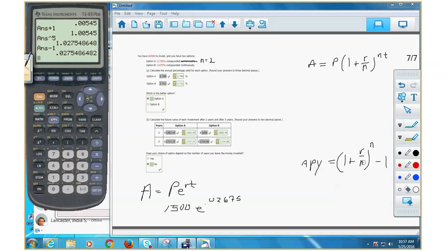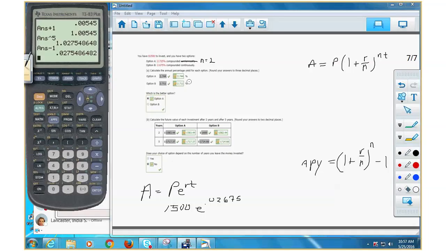I guess you're comparing them both at 2 years. Is that what it's asking? I think when you're compounding continuously, you're going to use the formula A equals PE to the RT. The T would be 1, ignore the P. We're just doing E to the RT.